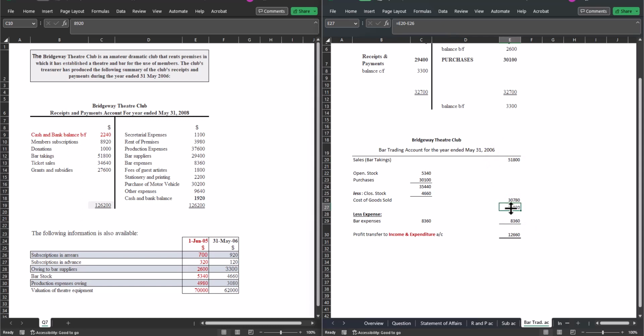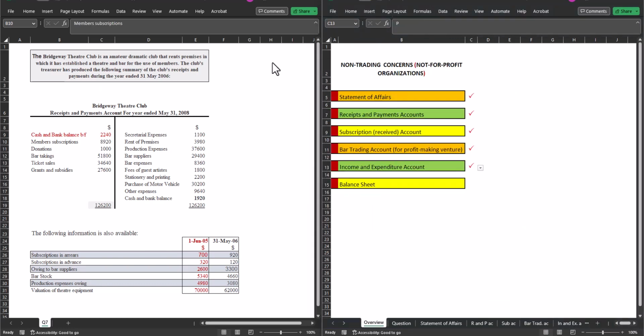And from that gross profit, bar expenses were deducted so that you get your overall net profit, or your profit from the bar. This profit, however, must be transferred to the income and expenditure account as an income item. Of course, if it was a loss, it will be transferred as an expenditure item.